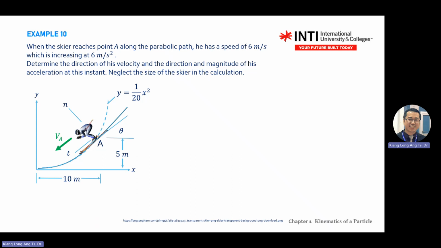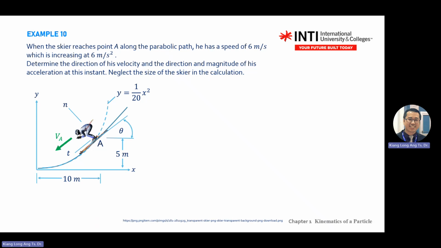Then in your solution, you write a equal to a_t u_t plus a_n u_n. Then expand: a_t equals v dot, a_n equals v squared over rho. This picture does not give you the R, so you are expected to use the rho equation just now. So you need to add one more equation, rho equal to something divided by something. Then the rest is just substitution.